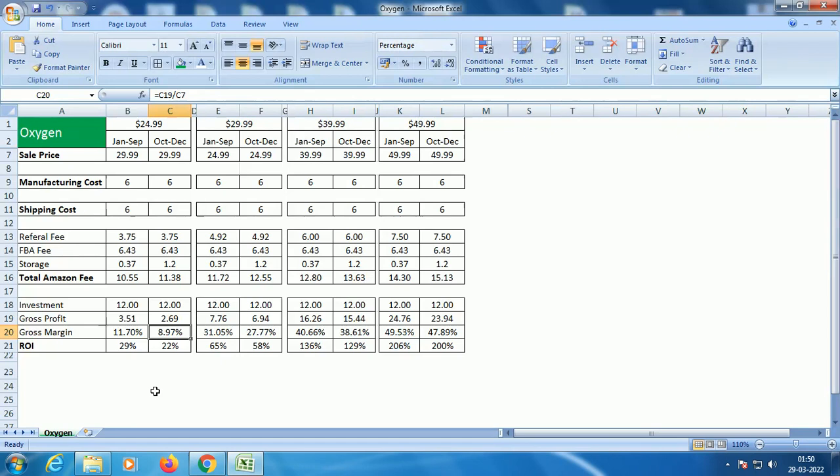And then once you start working your way up, you need to aim towards reaching 49.99. In this example, when I launch, I could start at 24.99, but as I rank, I will gradually bump up my prices to 29.99, 39.99, and then 49.99, right? So this should be my target price. At my target price, in this example, you see we are making a profit margin of almost 50%, right?